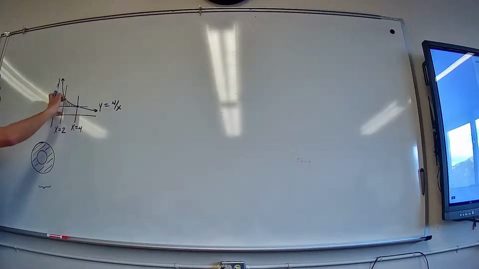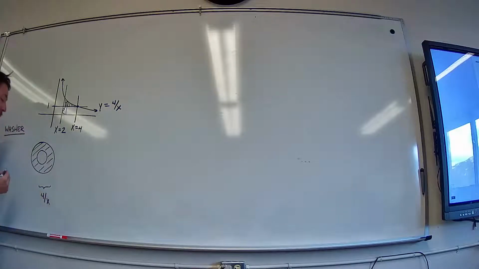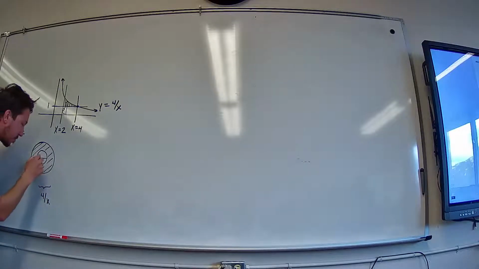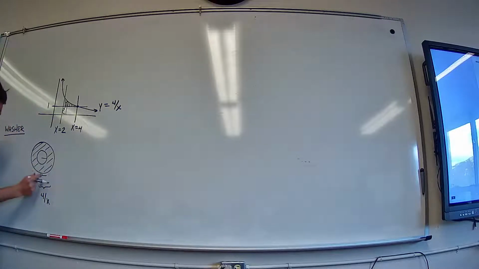Anyway. The outer radius is the distance from the axis of rotation, the x-axis, to the top. So that is the outer radius right there, which is just the y value of that curve. So the outer radius is 4 over x. And the inner radius is just always 1.